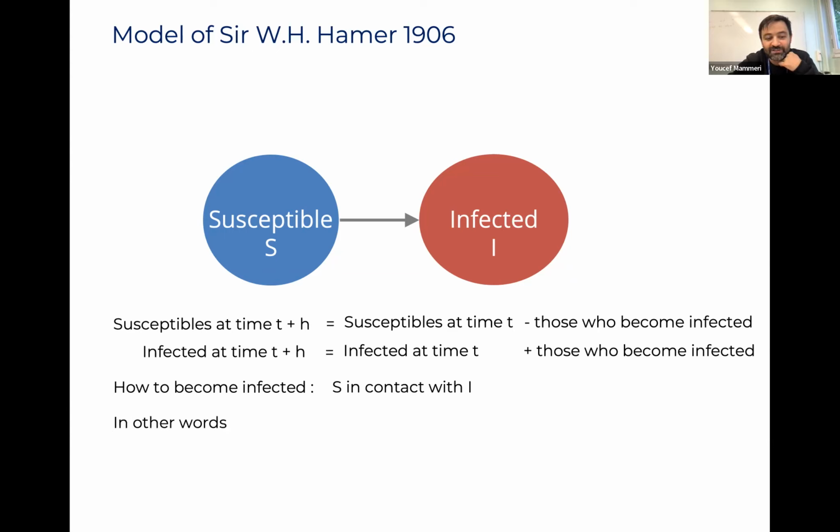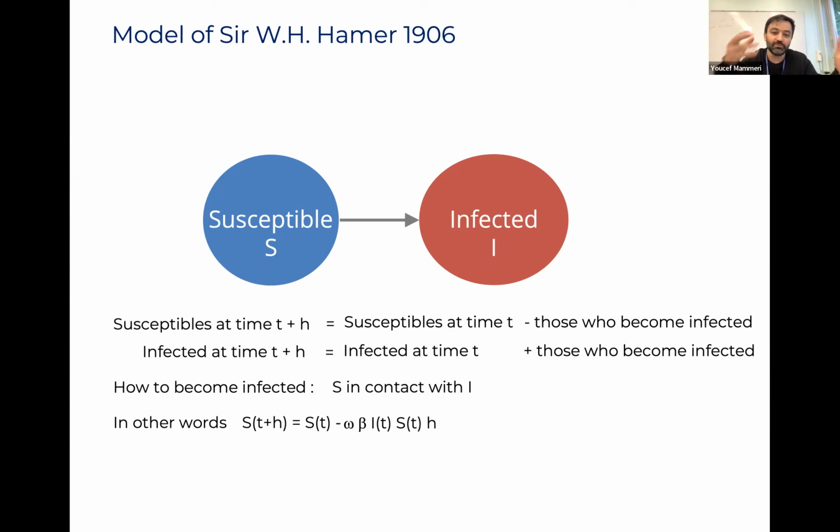If I translate a little more into mathematics, susceptible tomorrow is equal to susceptible today minus the susceptible multiplied by the infected, the susceptible in contact with the infected, times some coefficient. Why some coefficient? Because you can be in contact with an infected, but it doesn't mean you become infected. The infection needs some efficiency to succeed.